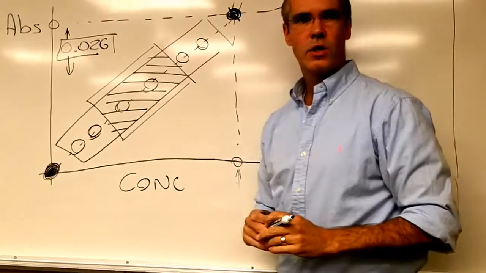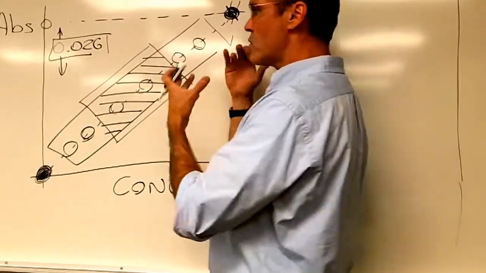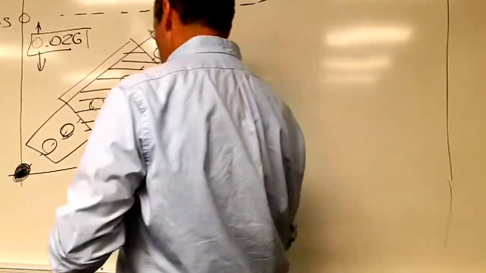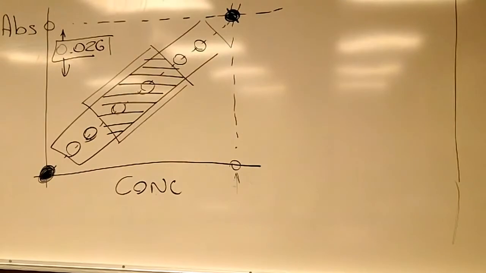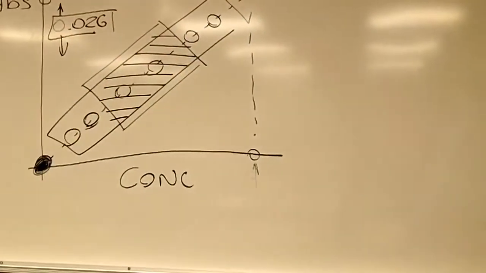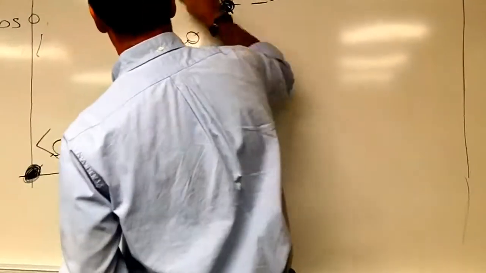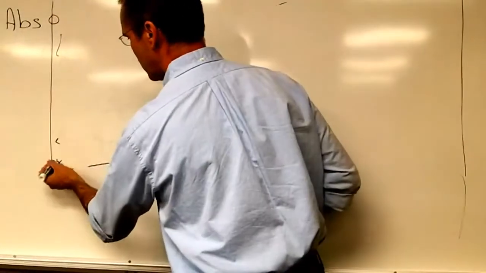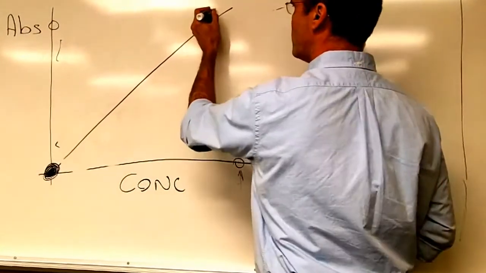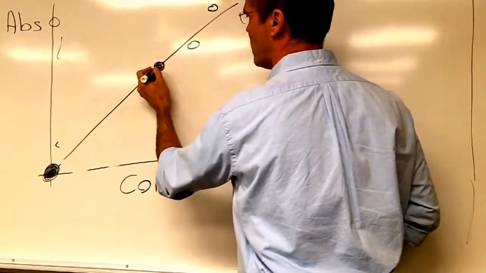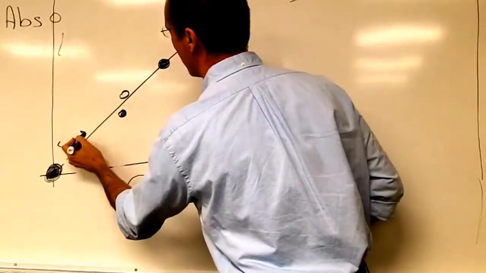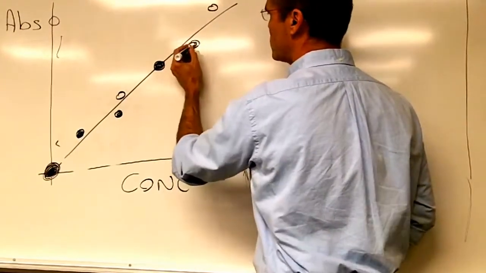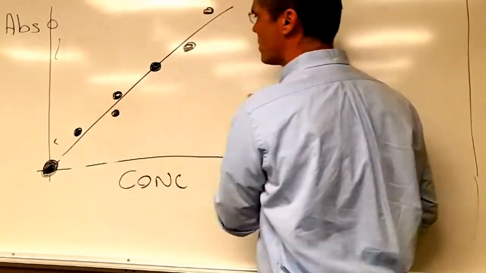That's how you should do this. That's how you should think when you're making a graph in order to find the unknown. It's not very difficult to find the unknown once you've done this. So when you have that trend line here, with your data points that are sometimes falling right on the line, and sometimes you have outliers here or something like that, you're trying to go as close as you can.